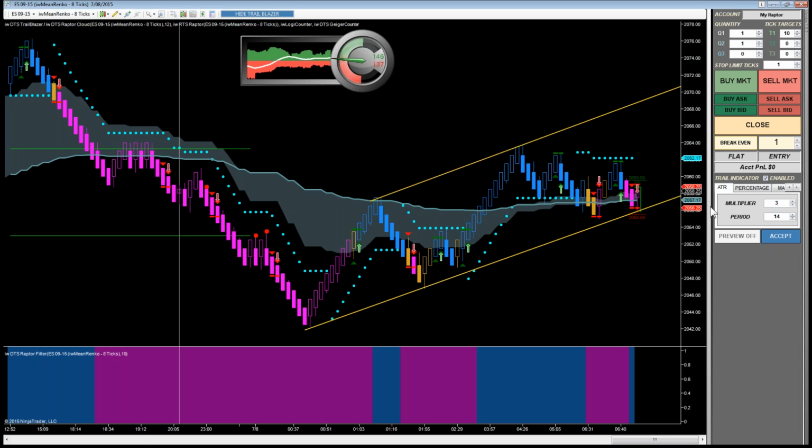And what I'm looking at here is possibly shorting this signal here that's printing. If the market fails and heads lower, I would just hit the sell market button and I would get my orders and my profit targets set according to my parameters here. So I would have one trade for 10 ticks. I would have a second contract for 0 ticks, which means it's a runner.